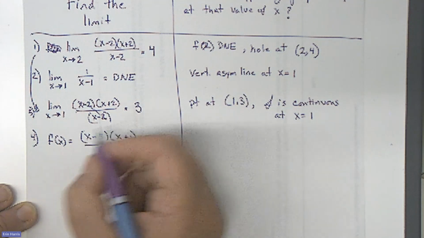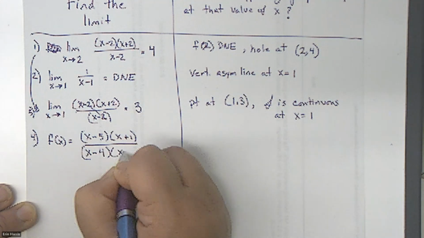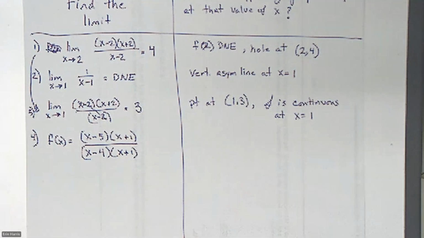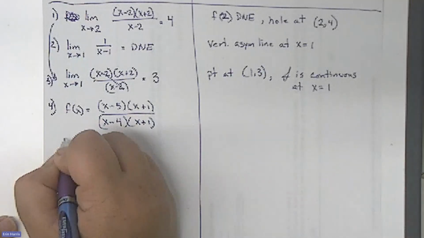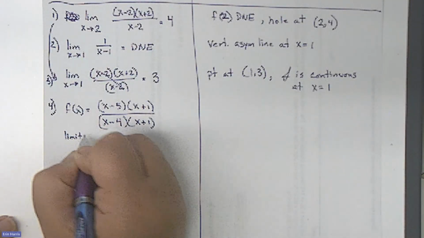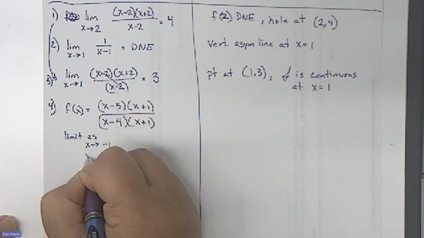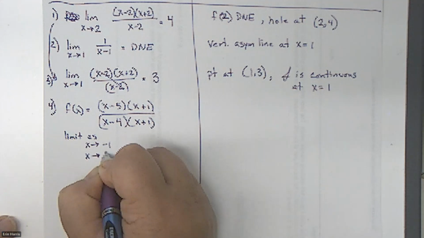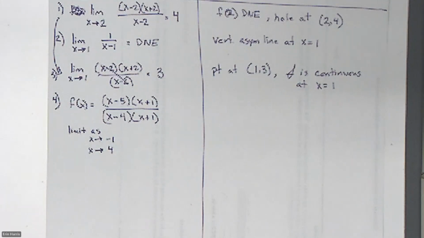This was one of the homework problems. You were asked to find the limit as x approached -1 and as x approached 4. So that's what you were asked to find.